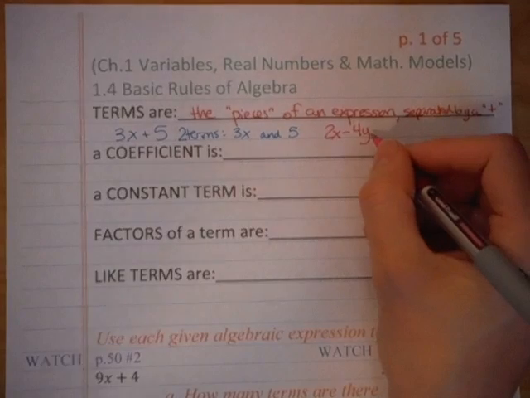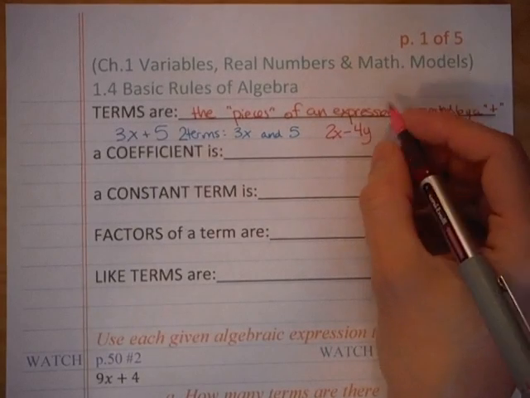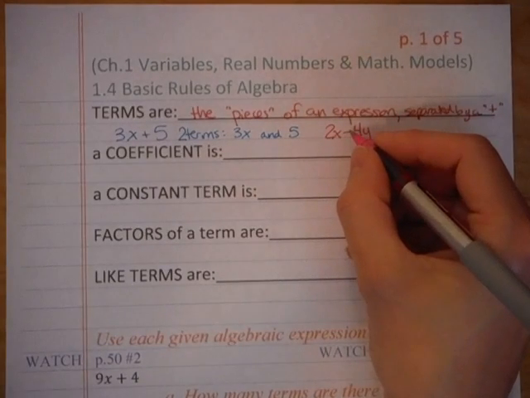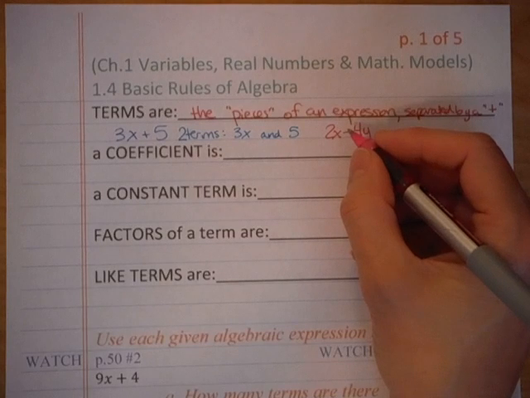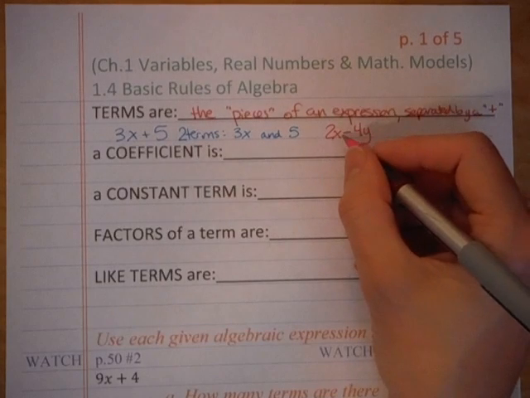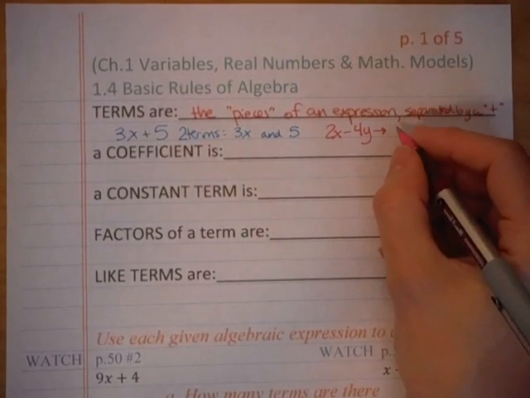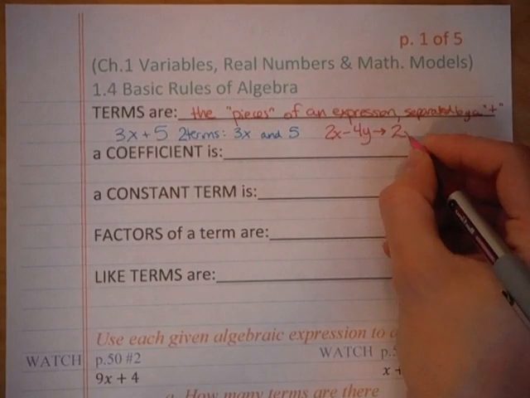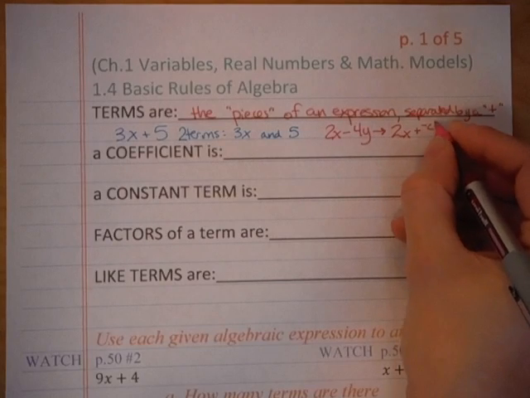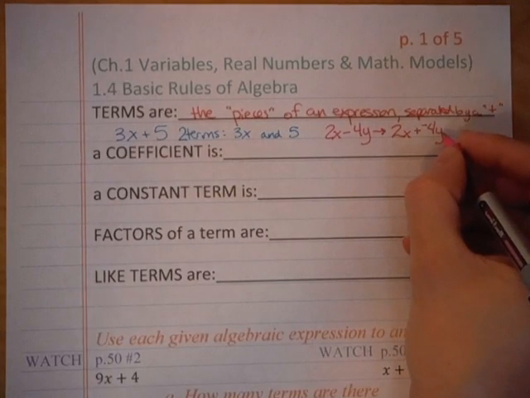One of those key concepts is to understand that subtraction is really just adding the opposite of what you were doing. Some of you were taught this from the beginning, and that's great. But this is the same as saying 2x plus a negative 4y, and really apply that negative there.